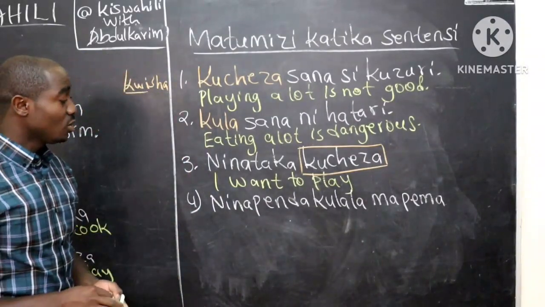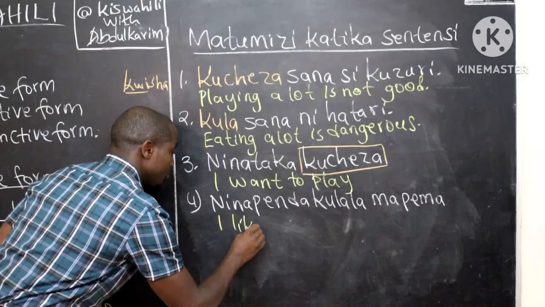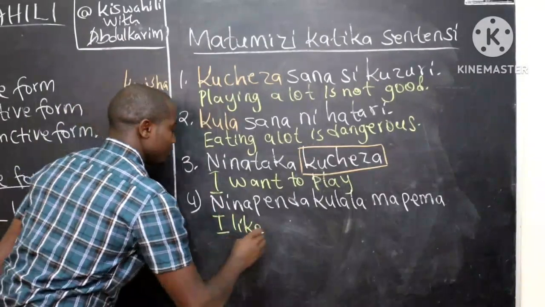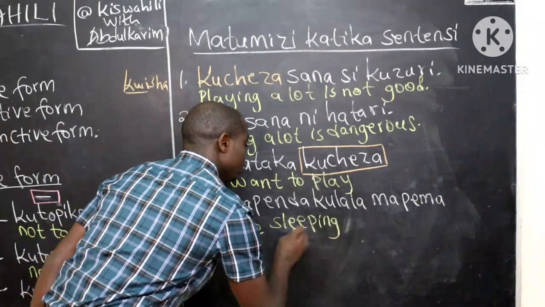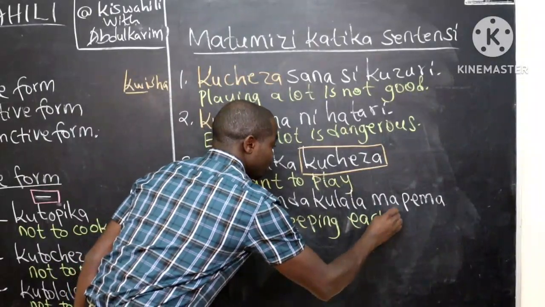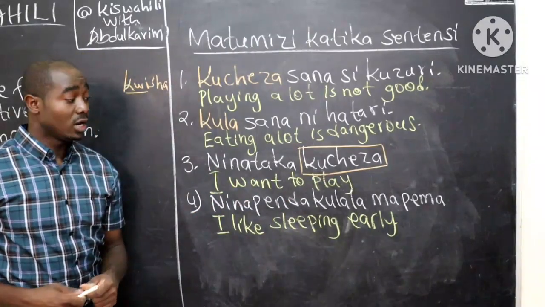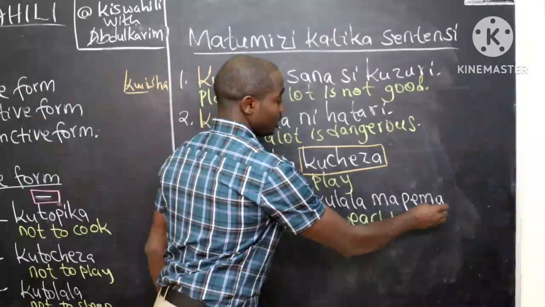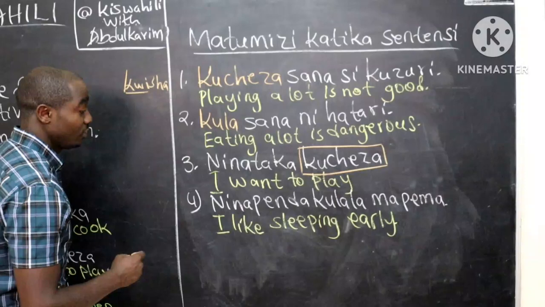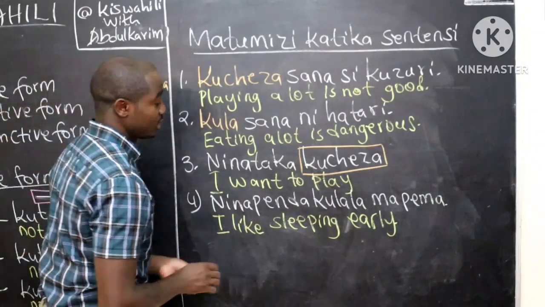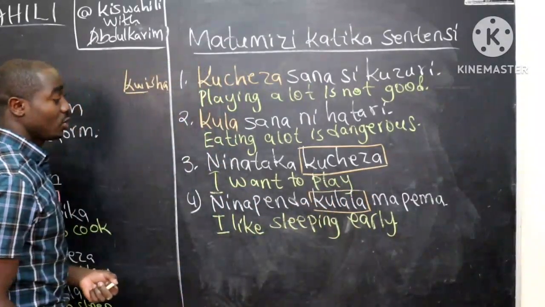Sawa? I like sleeping early. Ninapenda kulala mapema. Sawa. 5, we'll see number 5. Nambari ya 5. Hii tutapiga mstari hivi. Ninapenda kulala mapema.